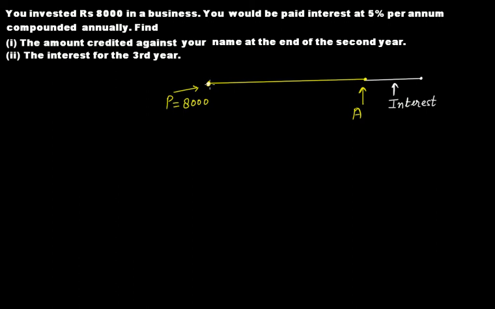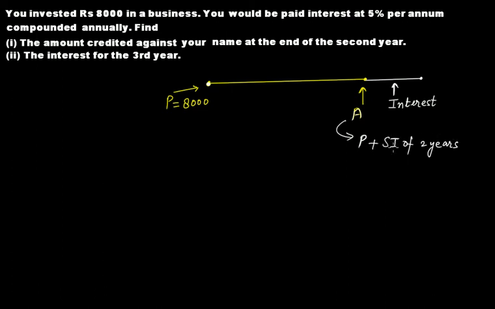This is P here, right? Now, this is the final amount A at the end of the second year. This A will be this P plus the simple interest of the 2 years, right?